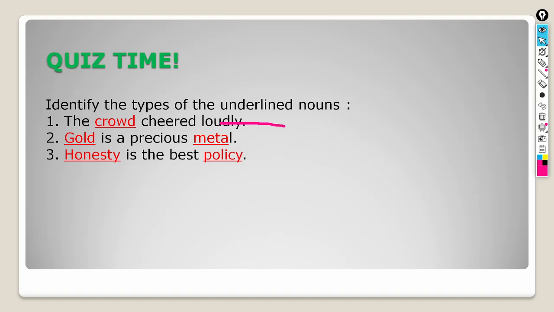Number two, gold is a precious metal. Gold and metal. Number three, honesty is the best policy. Honesty and policy. All these words are nouns and they are to be classified on the basis of the discussion that we made.